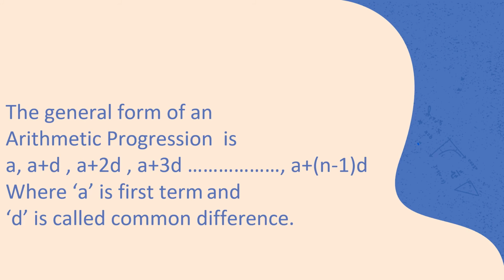We might want to find out what would be the 25th term. So we substitute A with 1, D with 2, and n with 25. You would get 1 plus 24 into 2, which is 48 plus 1, which is 49. So this is how you would calculate the 25th term and so on.